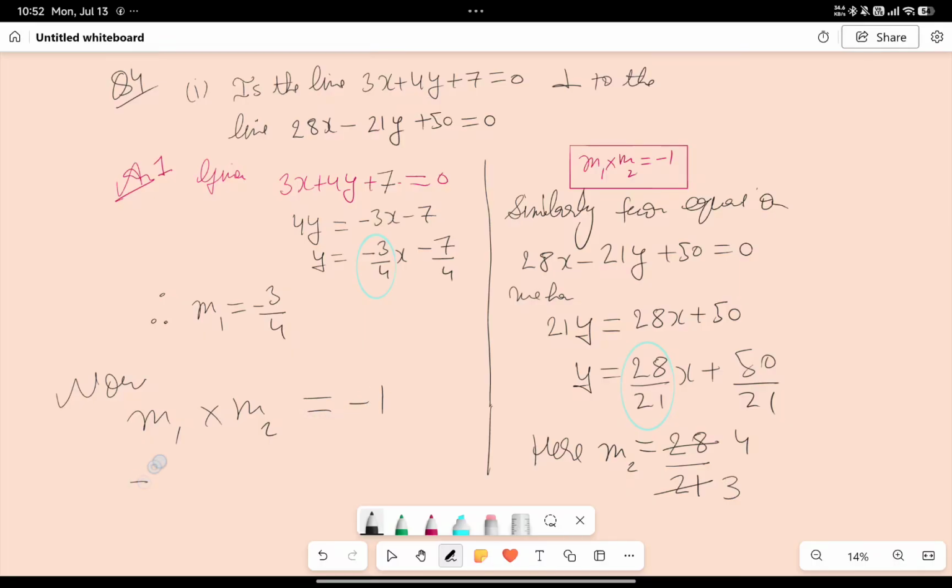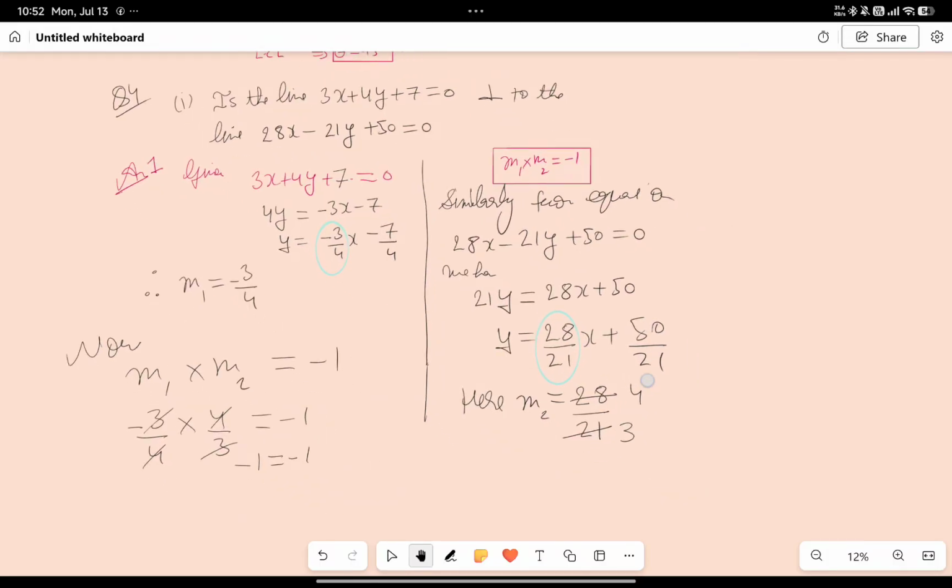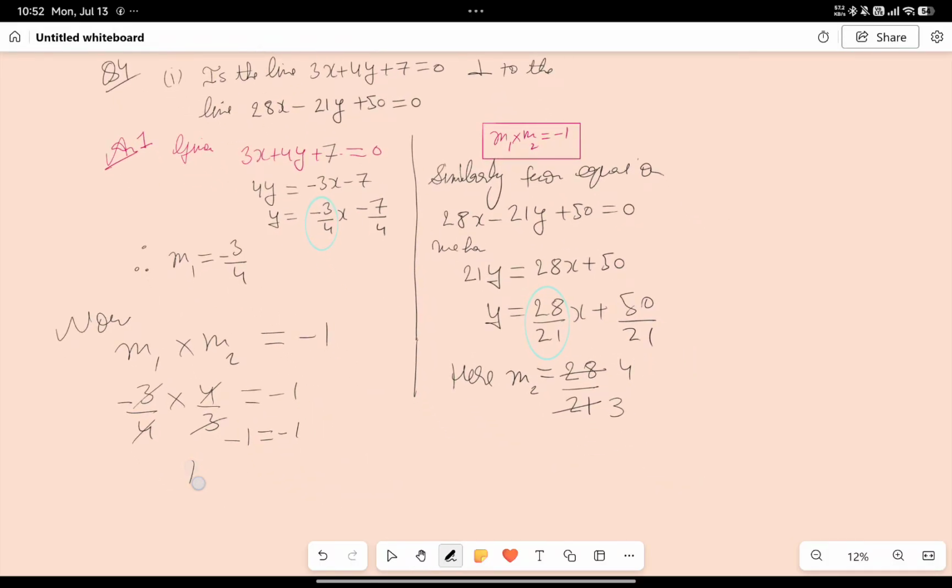Let us see, m1 is minus 3 by 4, multiply by 4 over 3 equals minus 1. 3 and 3 cancel, 4 and 4 cancel. I can say that minus 1 equal to minus 1. It means that left hand side equals right hand side.